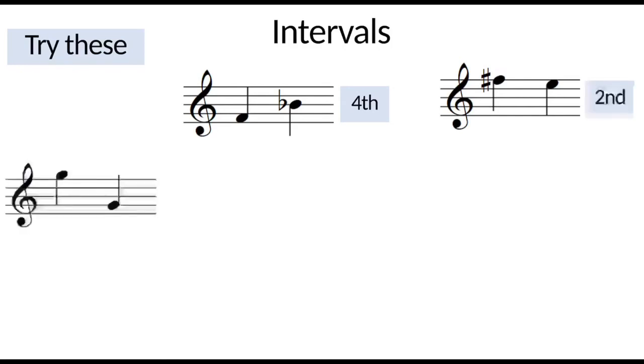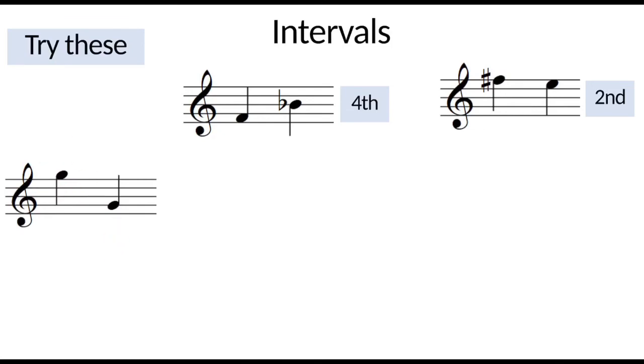What about this one? Again, we can see that the lowest of the two notes is here. We know that note there is a G. I'm going to call that G number 1. This note here is also a G. If you know that, you already know what the interval is without counting.